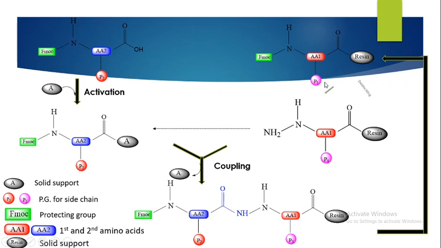Therefore here it is a deblocking of this FMOC group, and after the deprotection we got the free NH2 group. This is ready for the reaction with amino acid second, and again there is a coupling between amino acid first and second, and finally we got our desired polymer or peptide linkage.